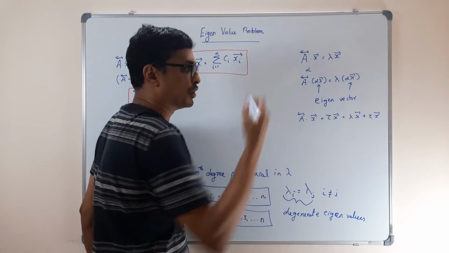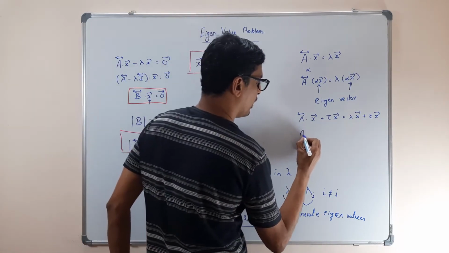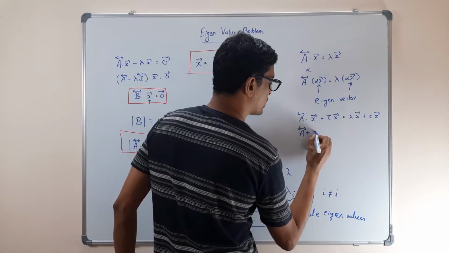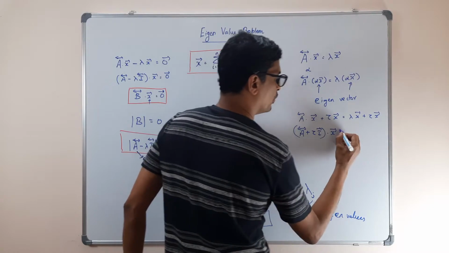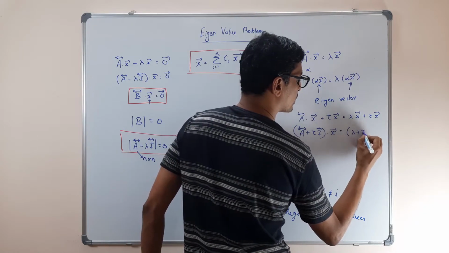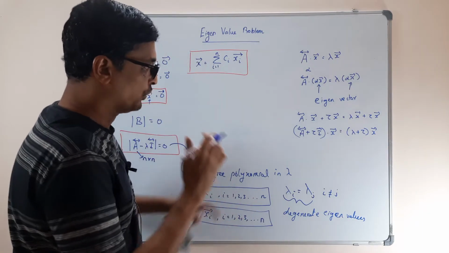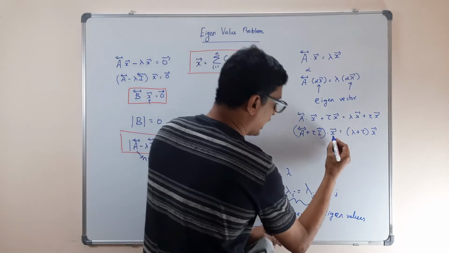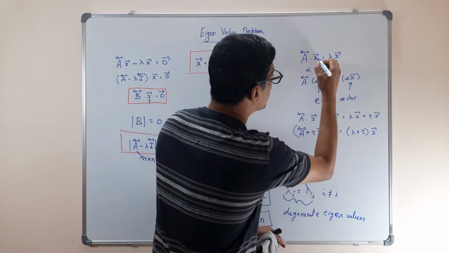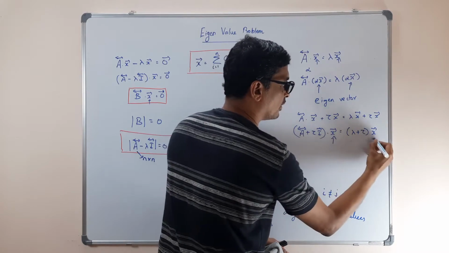I can write this as A plus tau I dot X equals lambda plus tau times X vector. Now you can see this is also an eigenvalue problem. What happens to the eigenvectors? The original eigenvectors remain unchanged.